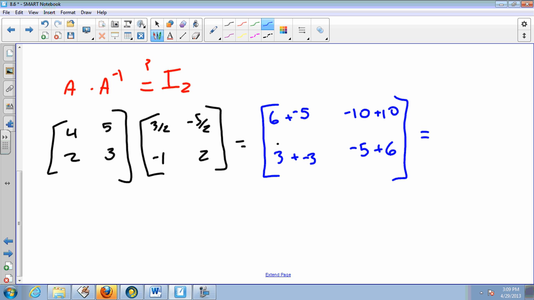So we get out 6 minus 5, that is 1. Negative 10 plus 10 is 0. 3 plus negative 3 is 0. Negative 5 plus 6 is 1. This is the identity matrix, size 2. So it did, in fact, work.